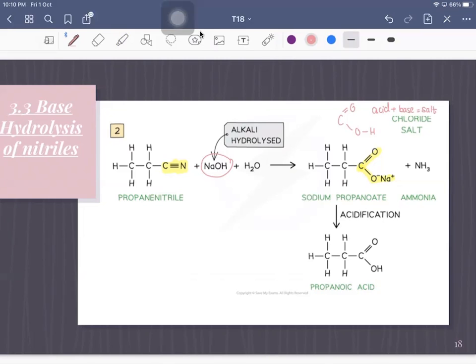Okay, you cannot separate the product carboxylic acid so that it doesn't touch the sodium hydroxide. You can't help it. So what happens is that the moment you form carboxylic acid, that carboxylic acid will immediately react with sodium hydroxide to form a salt called sodium propanoate.